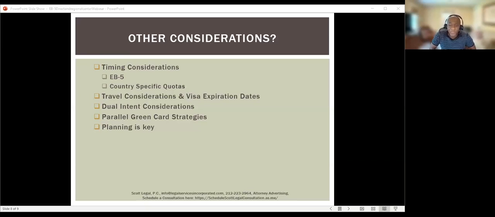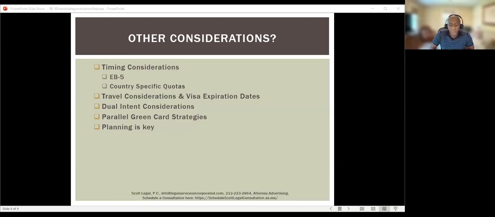So if you're in the US, you have to look at your underlying status. Because of the change in March, you can file an I-485 to give you status. If your category is current, you can file an I-485 and file for travel and work authorization. But you do have to be cognizant of what your underlying status is during this long wait period.